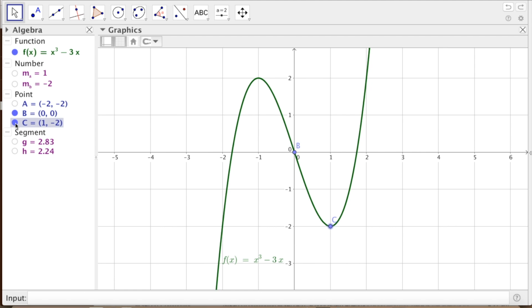So 1, -2 is the point. Then we want to find the slope between those 2 points right there, connecting that with a segment. And then just as before, turning on the slope measurement tool, we'll have a little triangle put on the segment itself, and you can see the slope is -2.